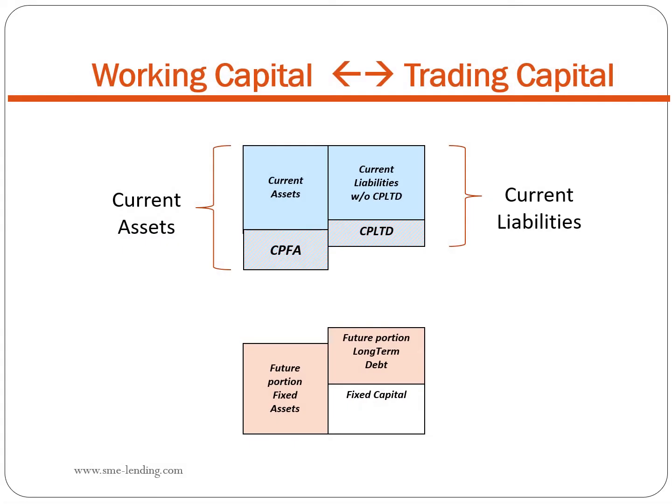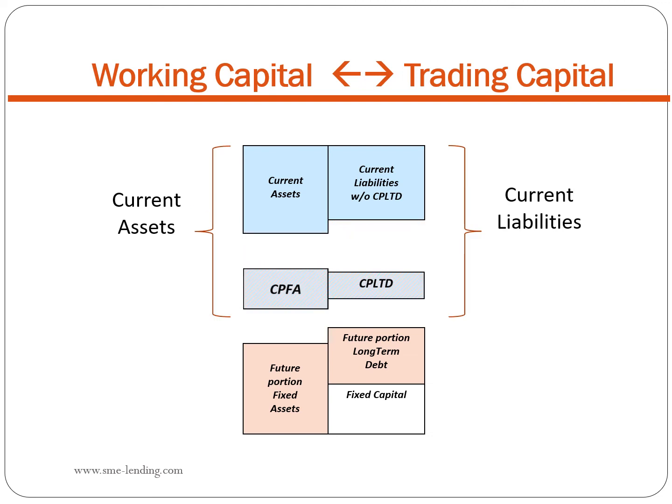To keep CPFA and CPLTD together, we sliced off the current portion of fixed assets and moved it up into current assets to align with the current portion of long-term debt, which was already in current liabilities. But what if we take both accounts out of the calculation? Removing the current portion of fixed assets leaves only assets that turn over in their entirety, such as inventory and accounts receivable.